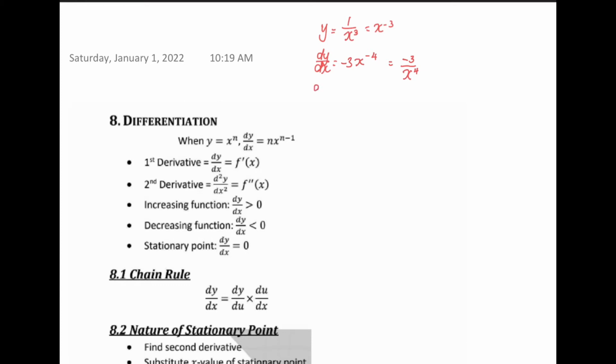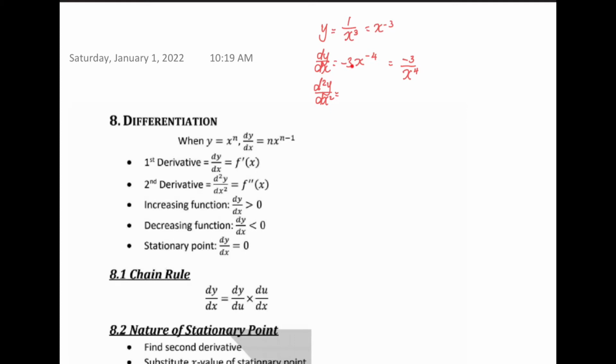And then if you want to do the second derivative, d2y/dx2, of course it is better to refer to this form rather than that one. This form is not that convenient to refer to, so referring to this will be easier. Based on this formula again, the power negative 4 you have to bring in front, and since there is a number there, you have to multiply with it.